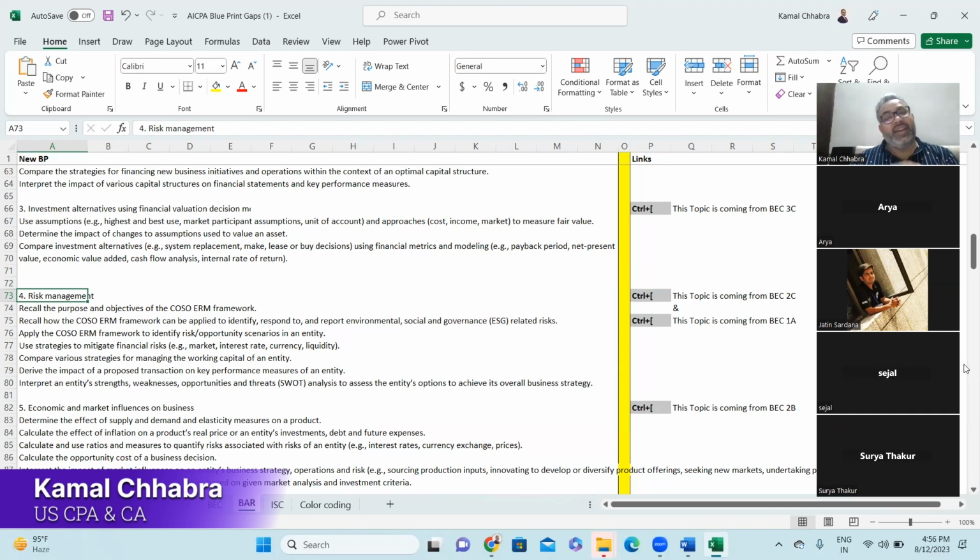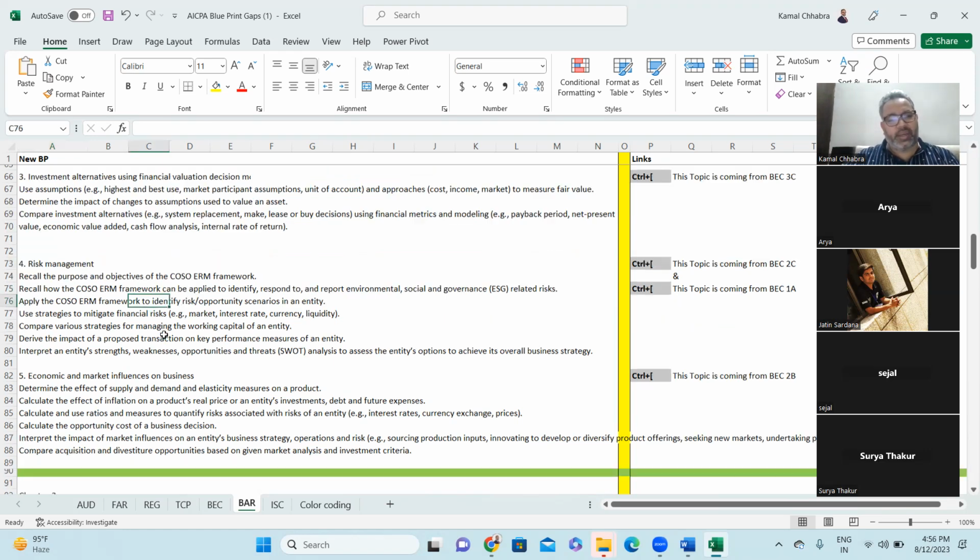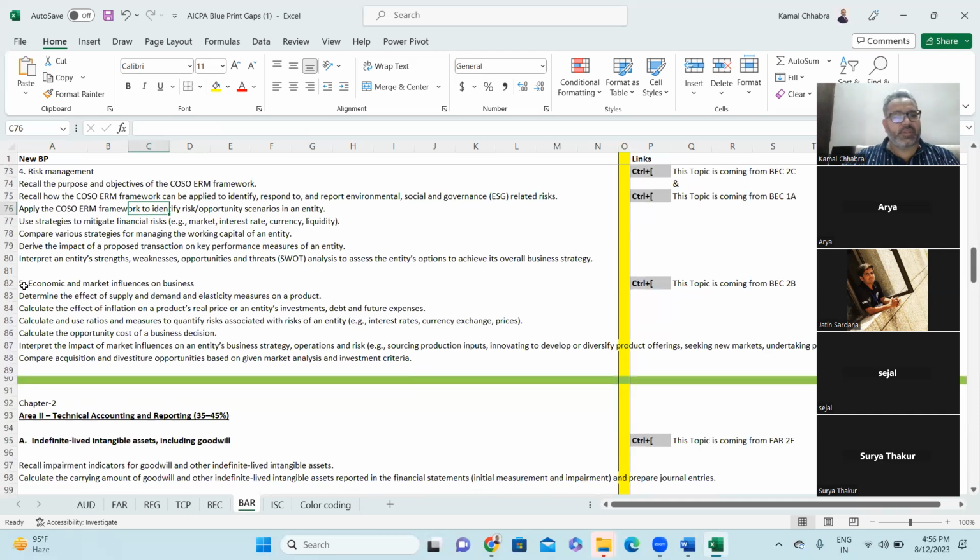So this topic is in both places. We'll be discussing in detail. Just note there are 5 concepts and 17 principles in the COSO framework that we'll discuss in detail when we come to risk management.